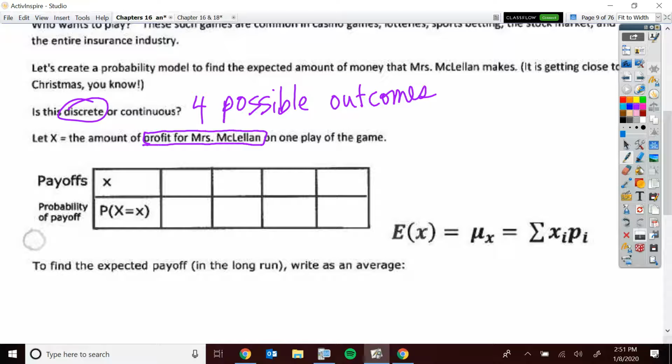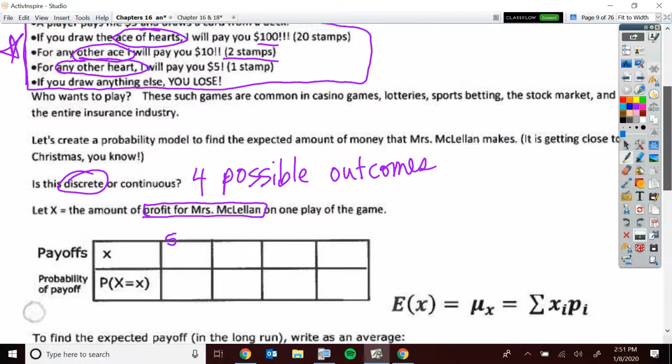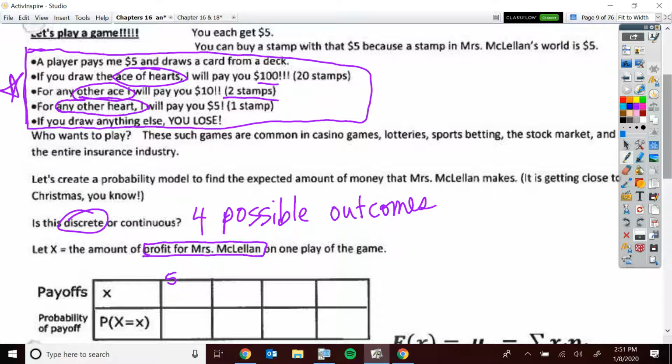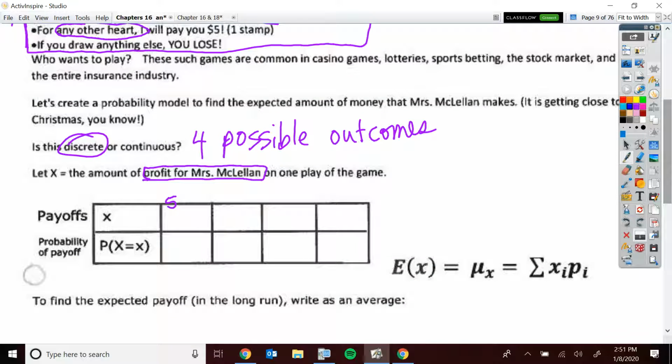All right, so let's talk about what could happen. You give me $5, and then what could happen? Let's go in order. We get 100. You pick the ace of hearts, woohoo. If you pick the heart ace, then I give you back $100.